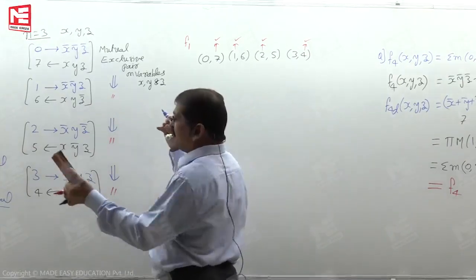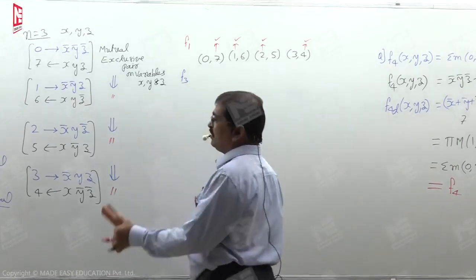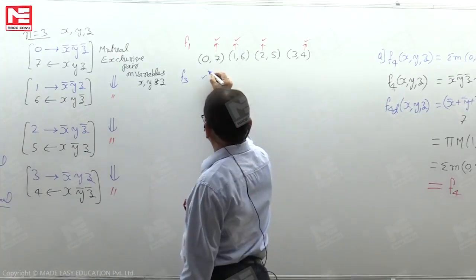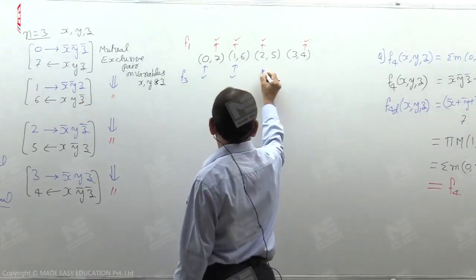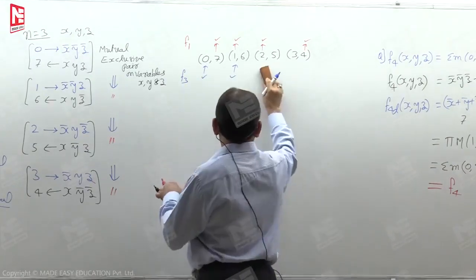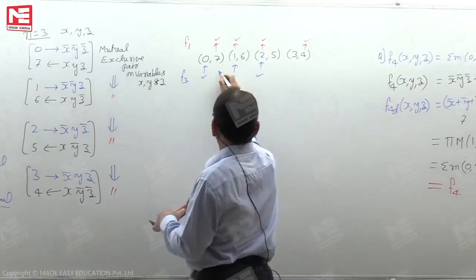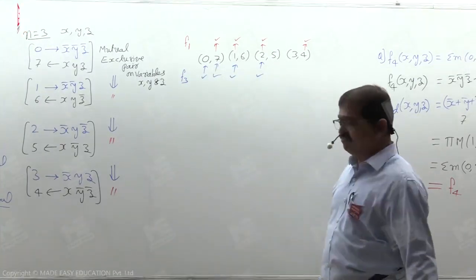And in the f3 function, the min terms are 0, 1, 2 and 7. These are the min terms in f3.